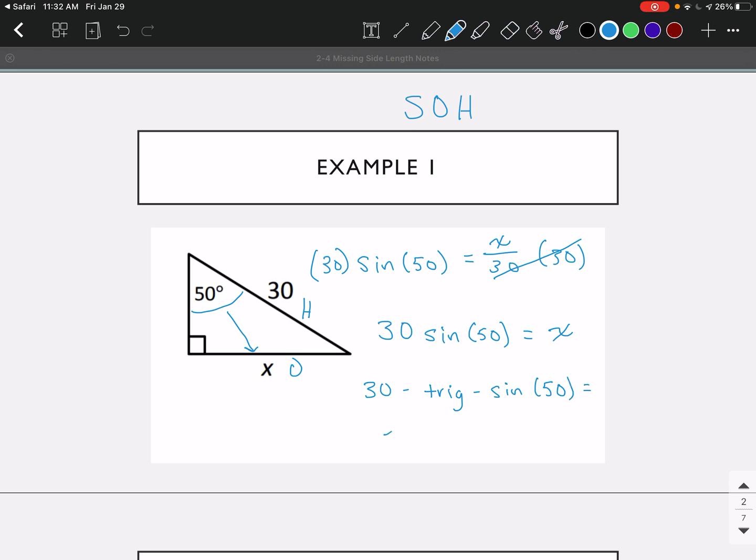We're only going to round to the tenths, so we'll get 22.9. Our missing side length is 22.9.